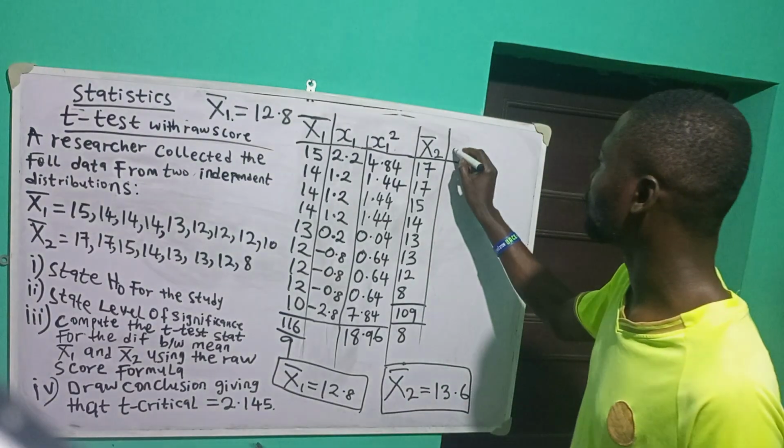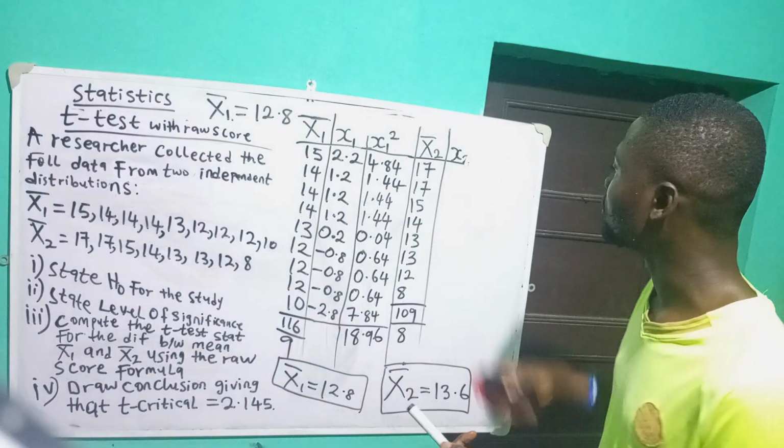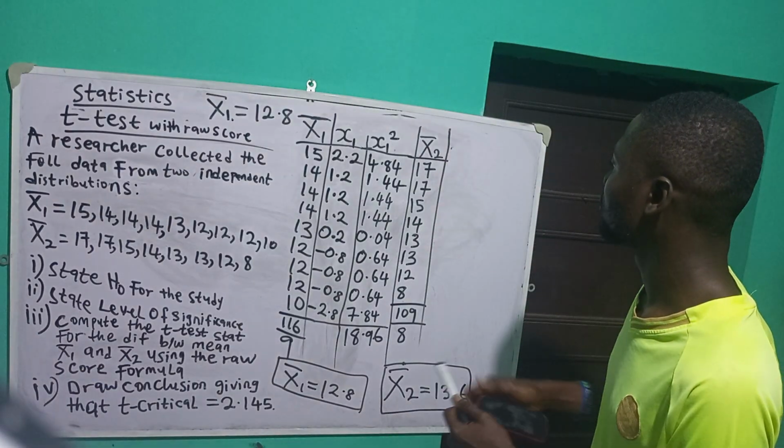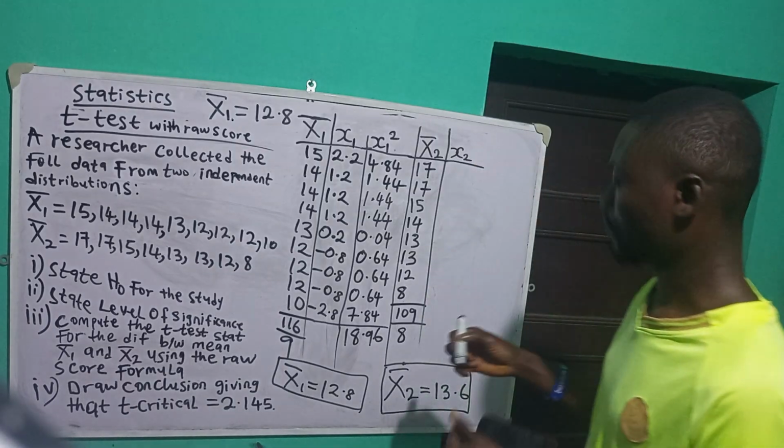The next thing is to have what we call deviation from the mean, which is represented with x2, right?